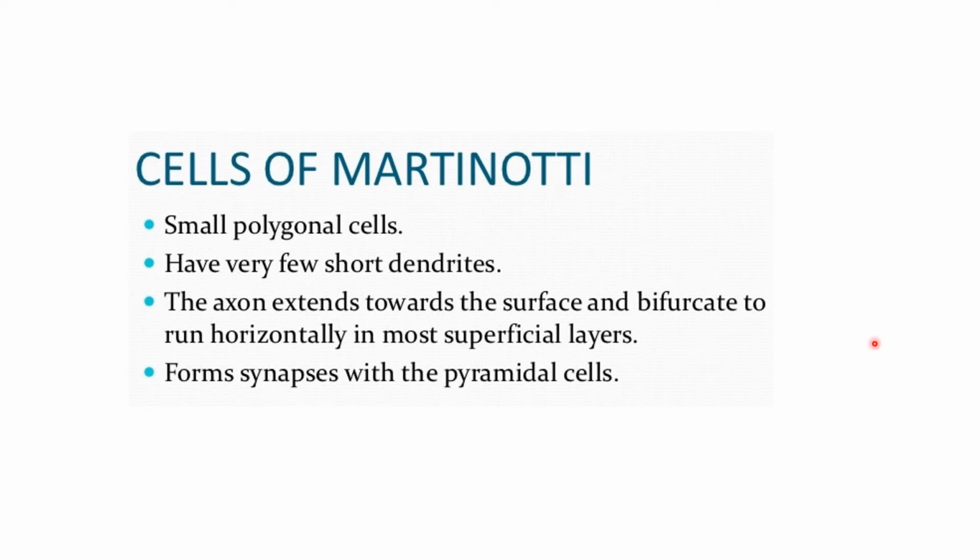Then the cells of Martinotti, the fancy name. They are more polygonal in shape and have very short dendrites. Their axons bifurcate superficially; they come to the horizontal layer and bifurcate horizontally in a T-shaped manner in the superficial layer of the cerebral cortex, and also form synapses with the pyramidal cells.